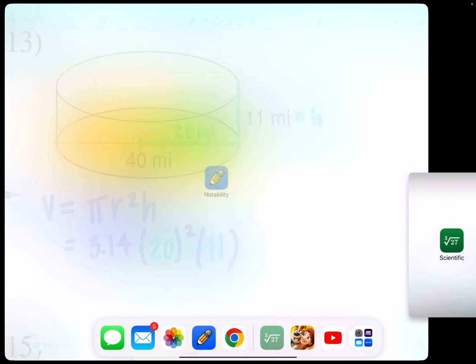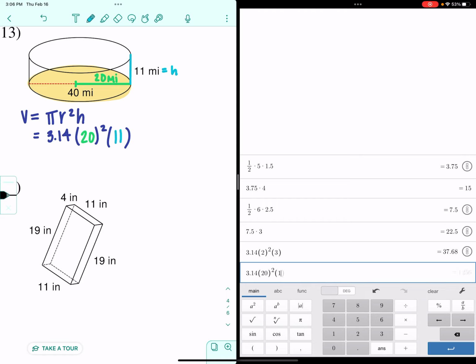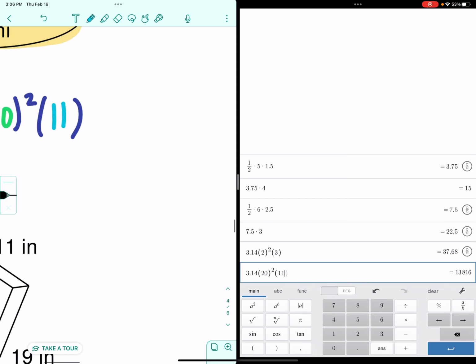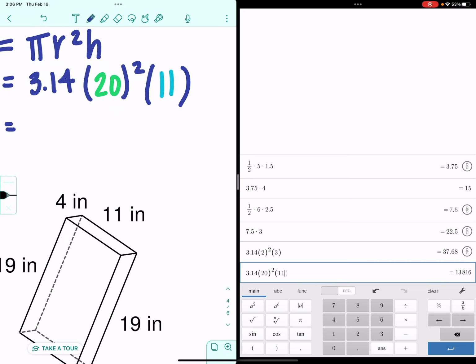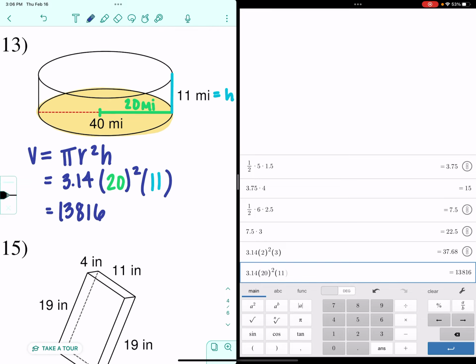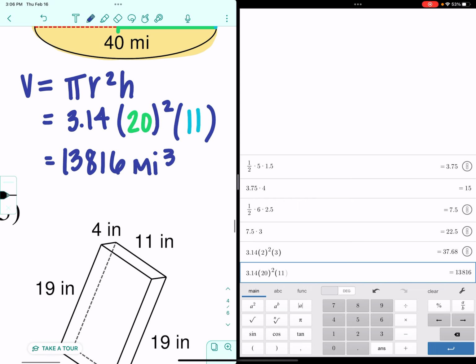I'm going to pull out my calculator again. So we have a total volume of 13,816. And we are measuring in miles. So that would be cubic miles.